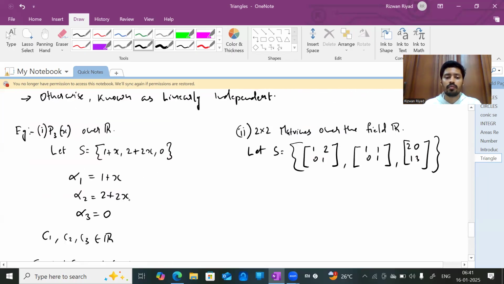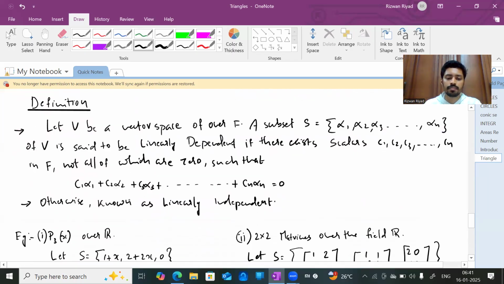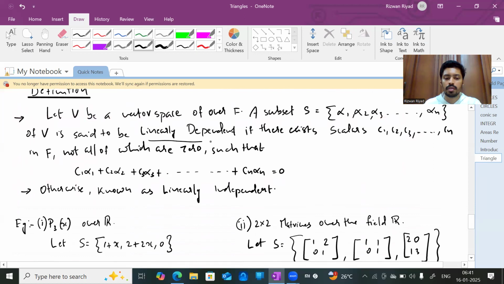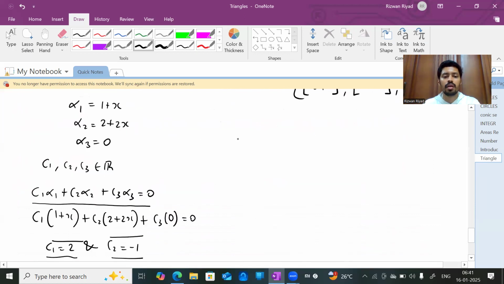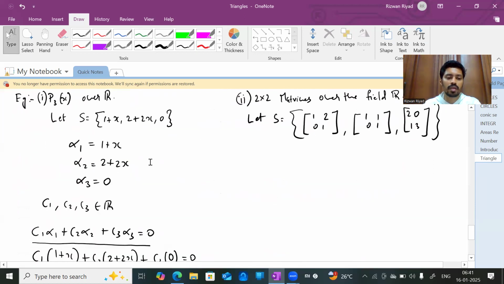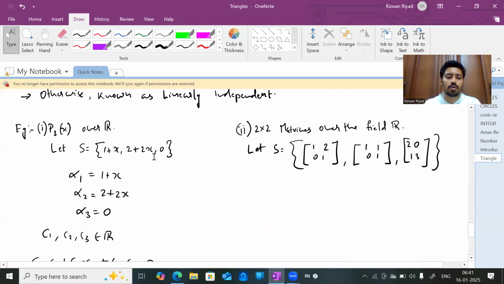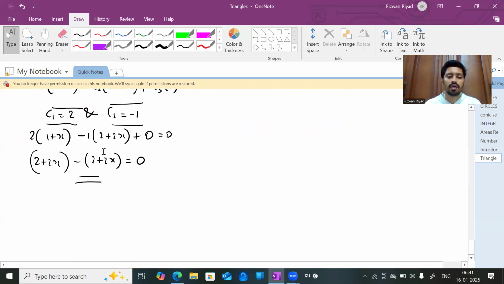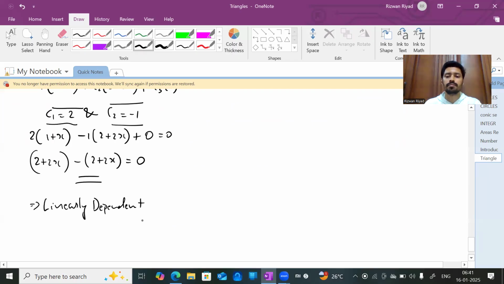So that is the definition of linearly dependent. So these vectors 1 plus x, 2 plus 2x, 0, they are linearly dependent.